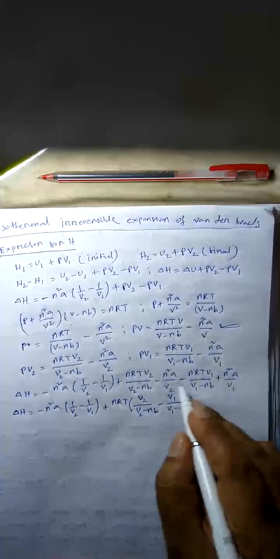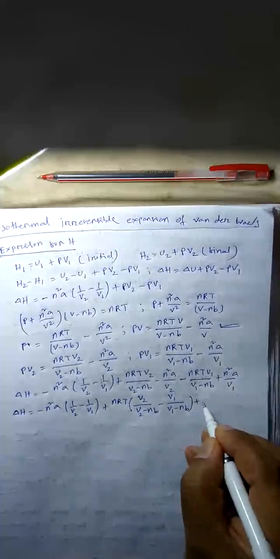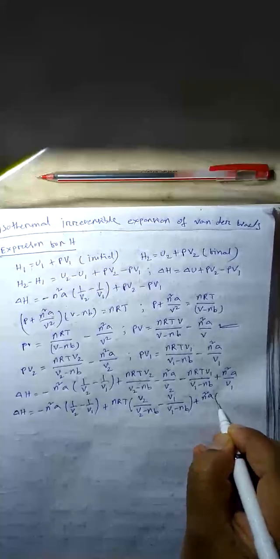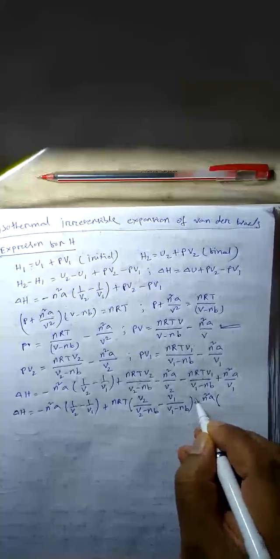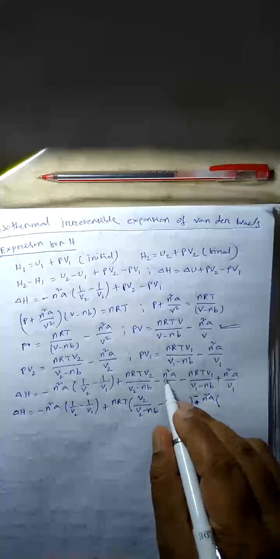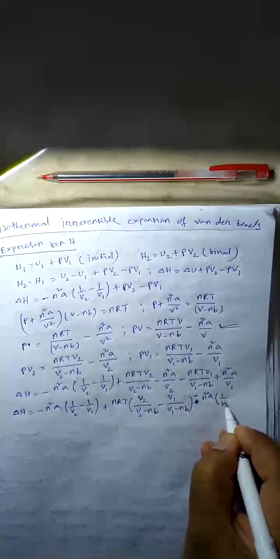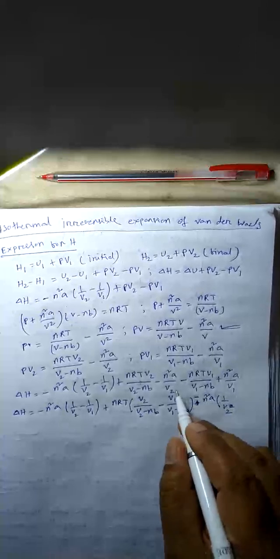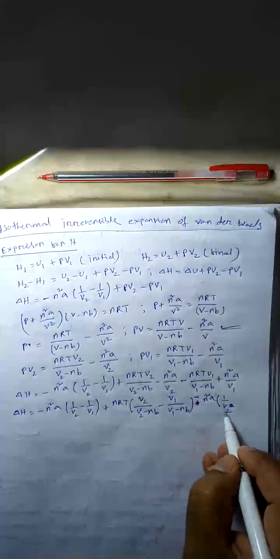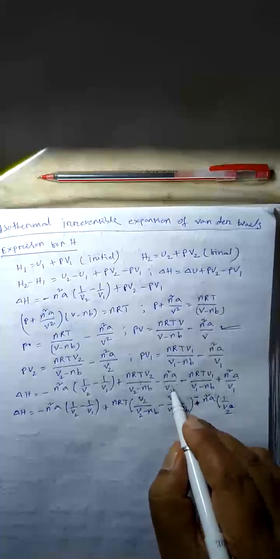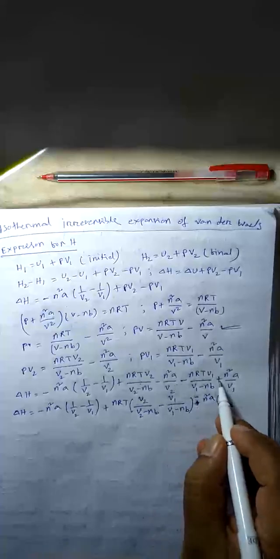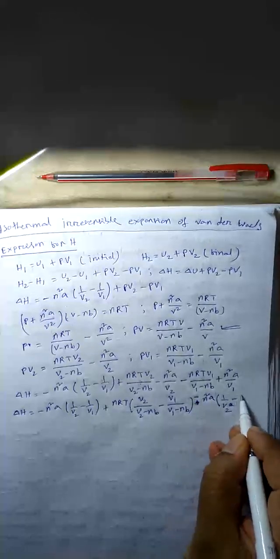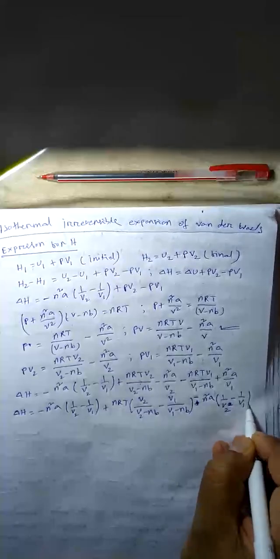Then in these two take n squared a common. When you take minus, you get n squared a times minus 1 by V2, plus 1 by V1, because minus minus becomes plus.